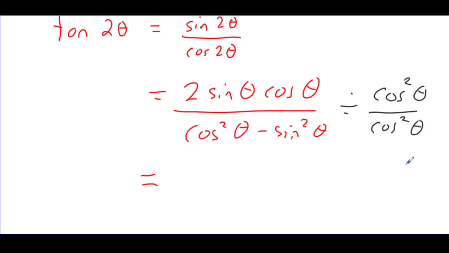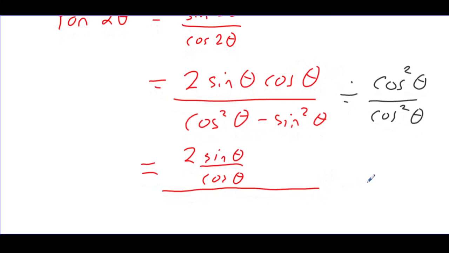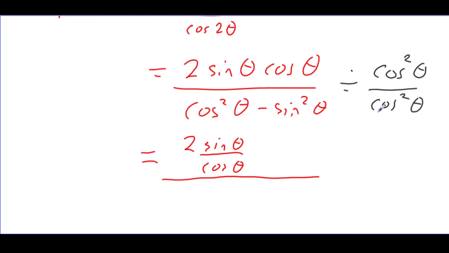So what ends up happening is you get 2 sine theta divided by cos theta, because the cos theta on the top will divide out, and on the bottom, cos squared theta divided by cos squared theta is 1, and sine squared theta divided by cos squared theta. And of course, sine theta over cos theta is just tan.